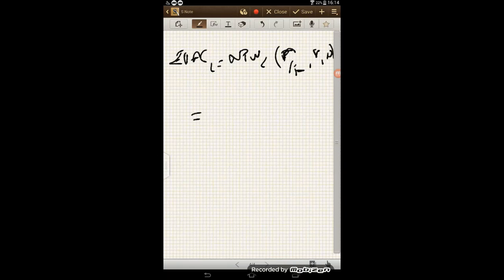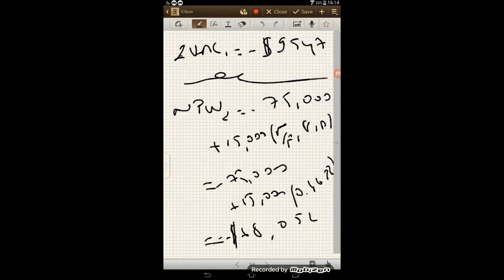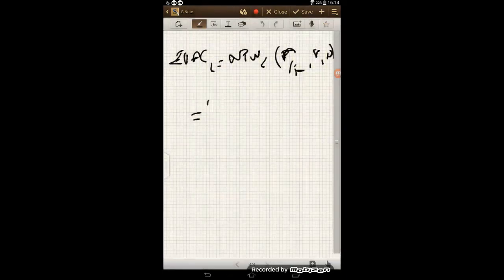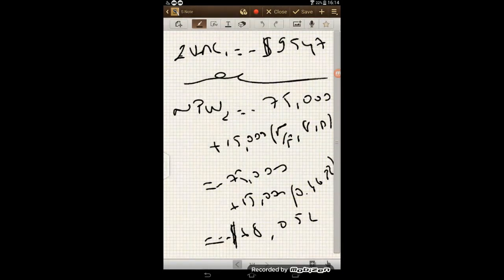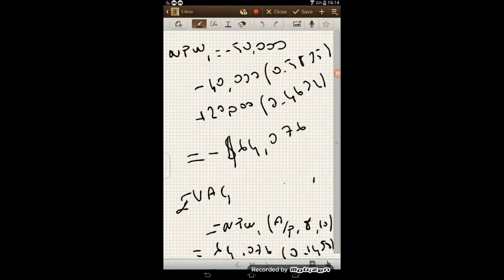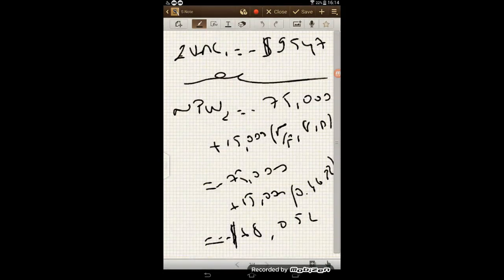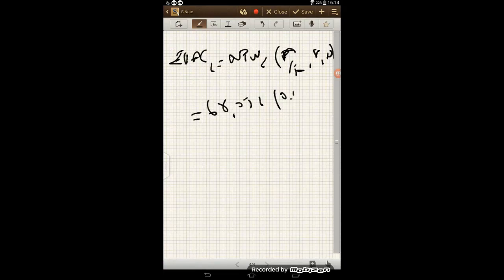So it's 68,052 multiplied by the same coefficient as here, 0.1459, which gives minus 10,142.